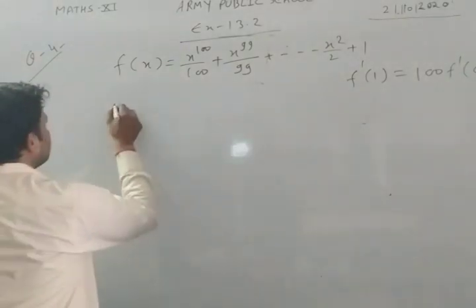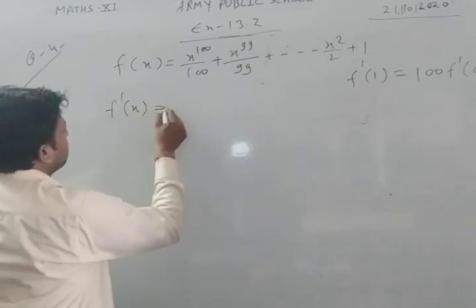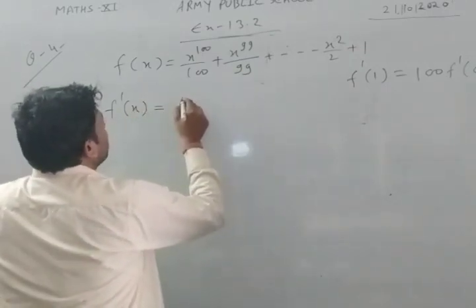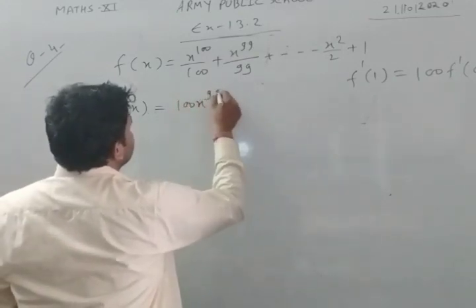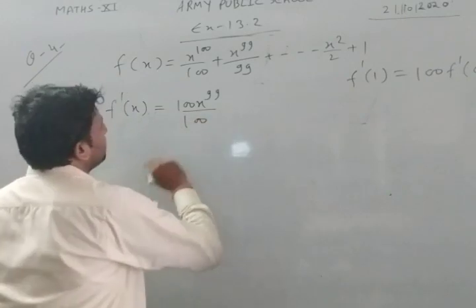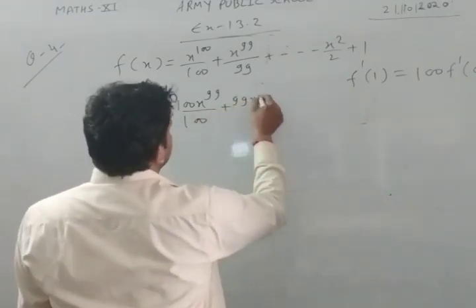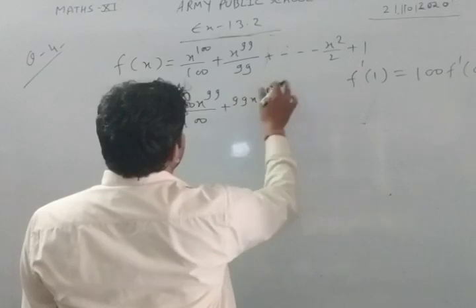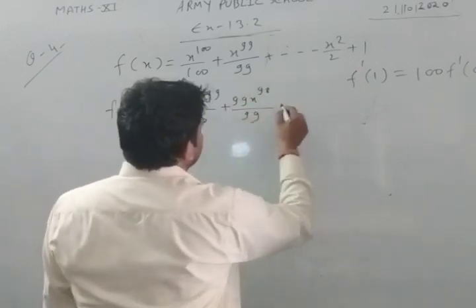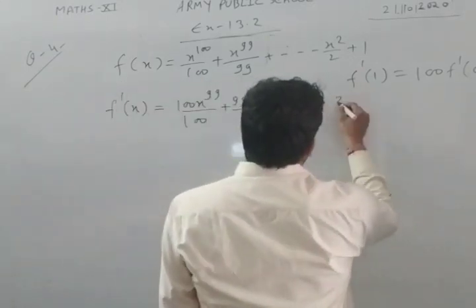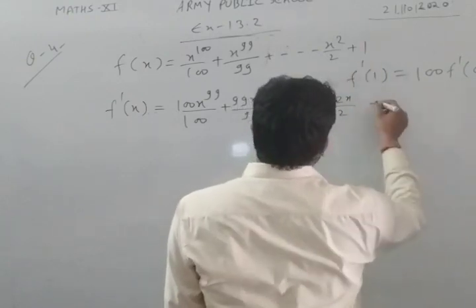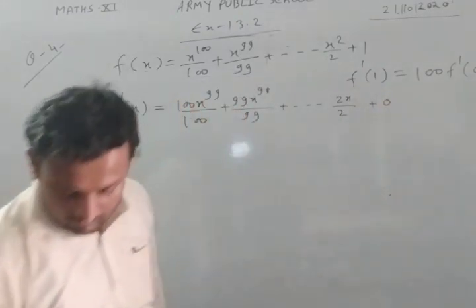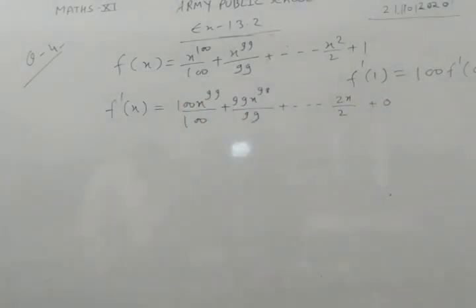So let the differentiation of this function, f dash x, be: 100 x to the power 99 divided by 100 plus 99 x to the power 98 divided by 99 plus dot dot dot plus 2x divided by 2 plus 1. The constant term's derivative is 0.